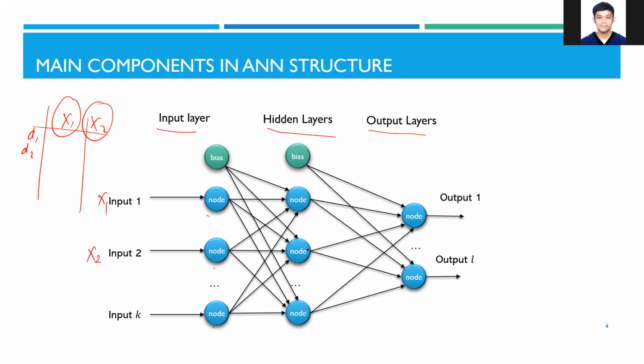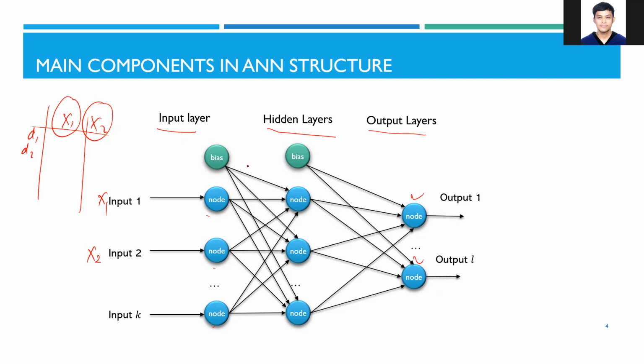So the question is whether it is necessary to use such complex structures. That's the issue we have to be concerned with. After the hidden layers, we have the output layer. The number of nodes in the output layer also depends on the number of outputs that we want. If the output is only one dimensional, then we only have one node. If we have more output dimensions, then we have more nodes here.